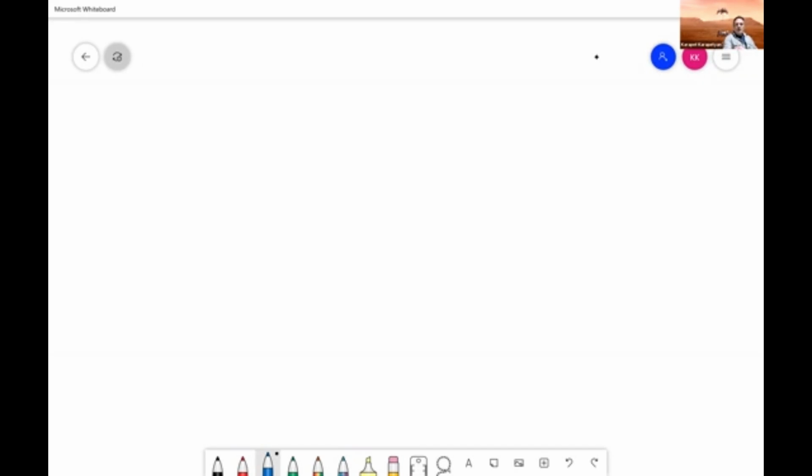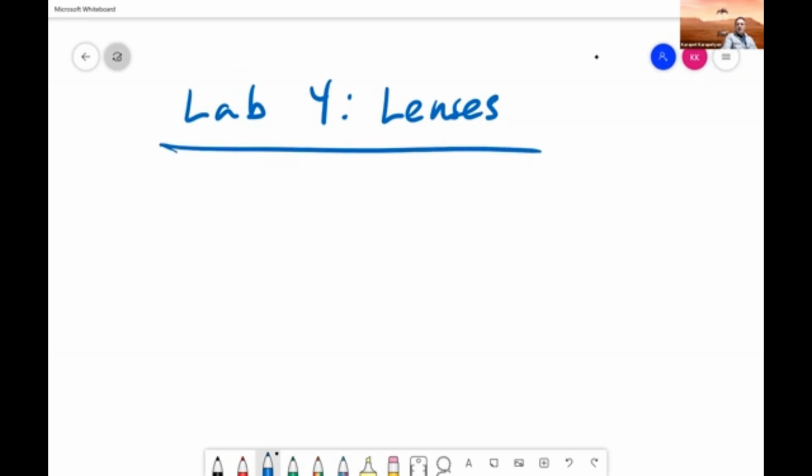Okay. So think like this. We have this lab 4, which is going to be on lenses. We have two types of lenses that we will be working with.